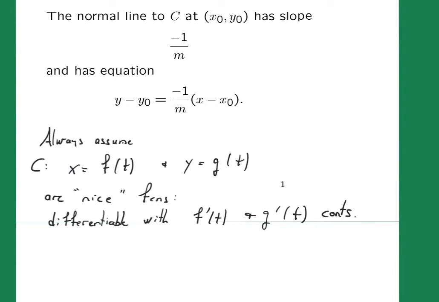These conditions are always going to be satisfied for us in practice. So we're assuming always, without actually saying it, going forward, that our functions f of t and g of t, which are defining our parametric curve, are always going to be nice functions. So they're differentiable with continuous derivatives.